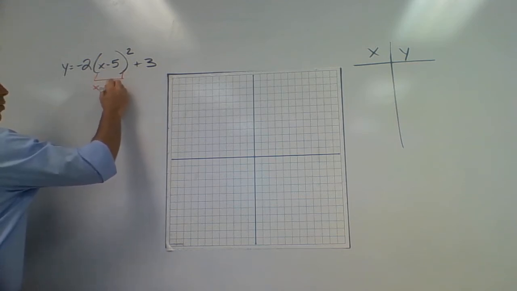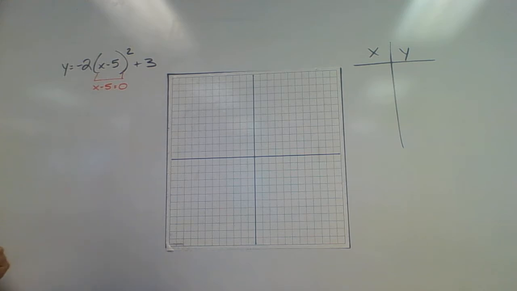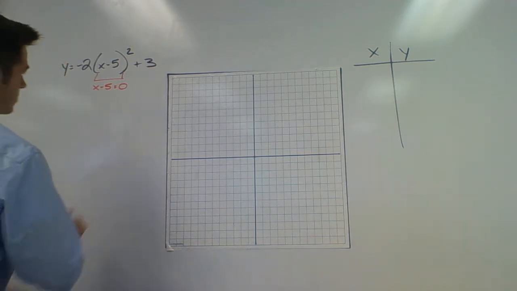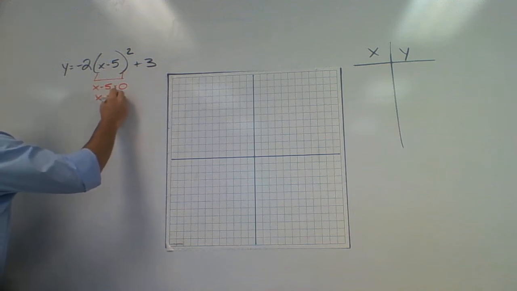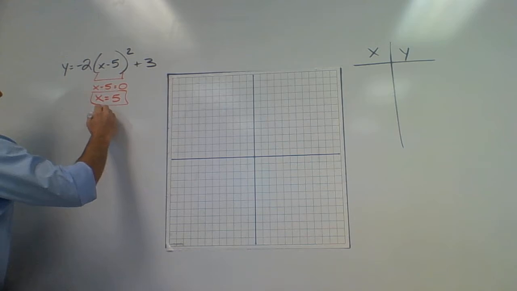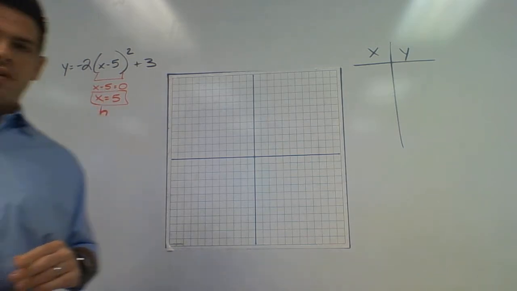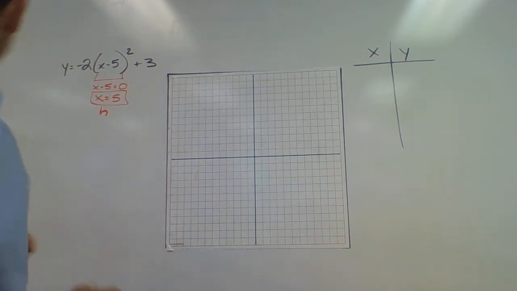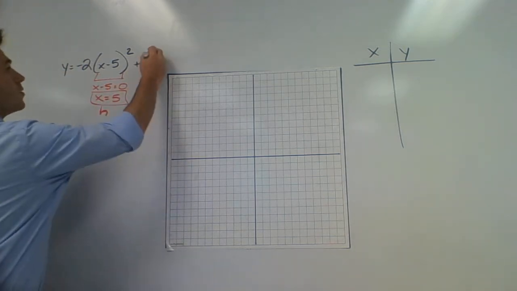We're trying to figure out what it is that would give us a 0. So what number would we plug in there? That operation would give us x is equal to 5. That's our h value for the vertex. And we know that the back end here, the plus 3, would be our k.